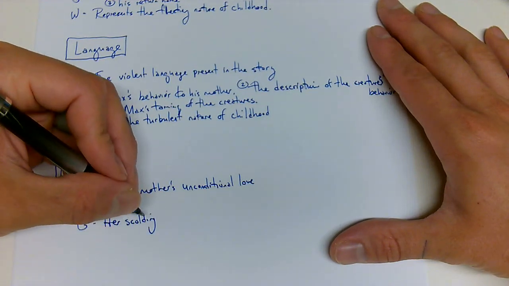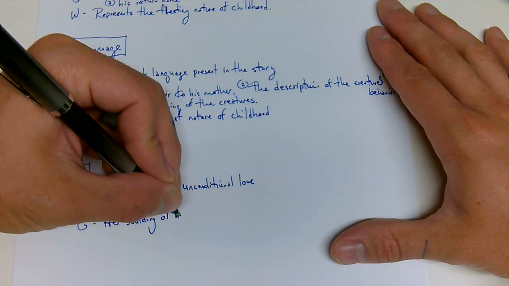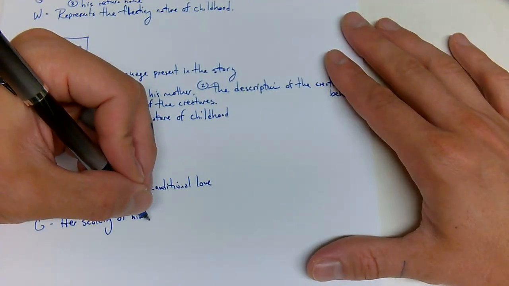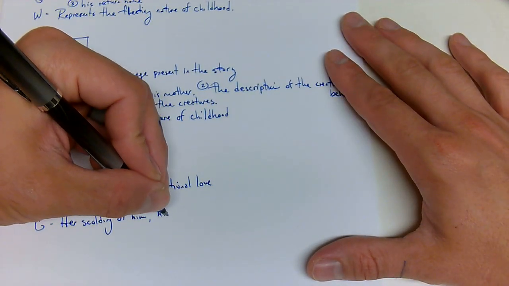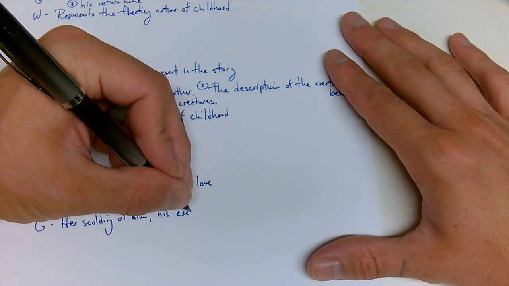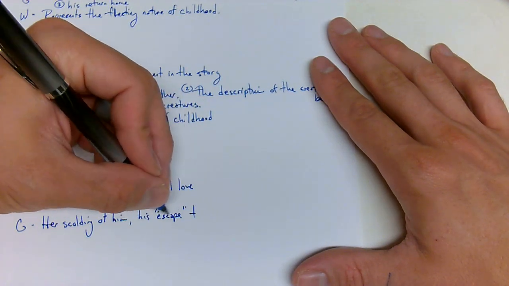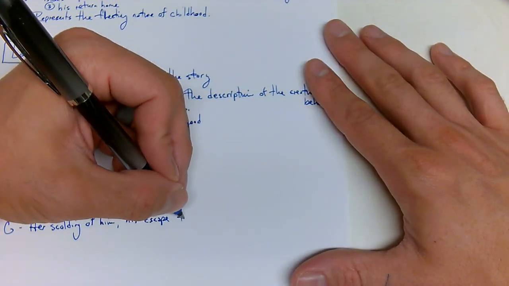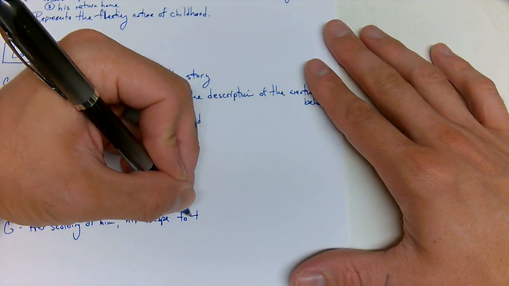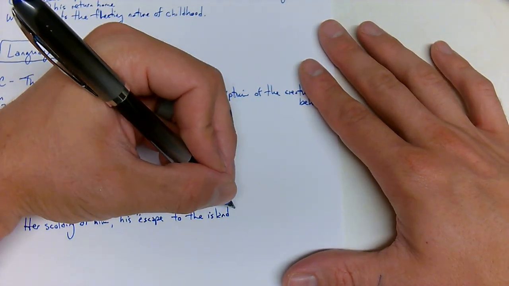So even though when you're younger, you might not think that that's love, it is. So her scolding of him, she sends him to his room. And then we see, I can explore his escape, because that's a reaction to her love. His escape to the island. We'll put that in parentheses because it's kind of sarcastic. To the island. So I might want to explore that.